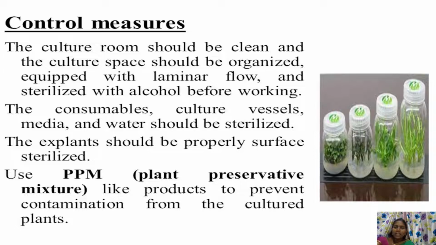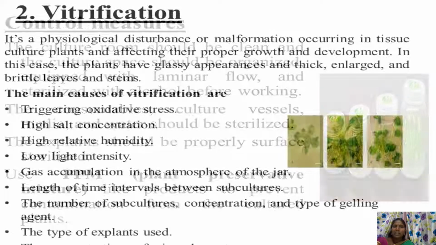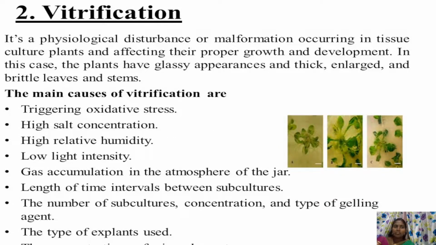If we are repeatedly getting contamination, we should improve all this. The consumables, culture vessels, media, and water should be sterilized. The explant should be properly surface sterilized, and we can use products like plant preservative mixture to prevent contamination of the cultured plants.